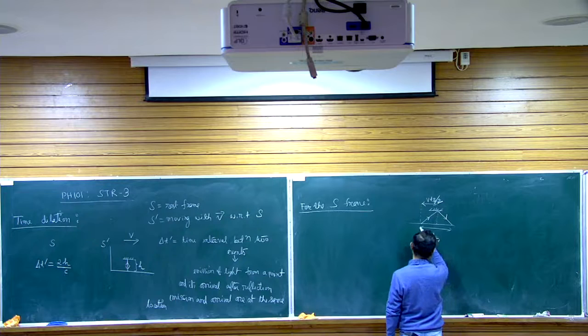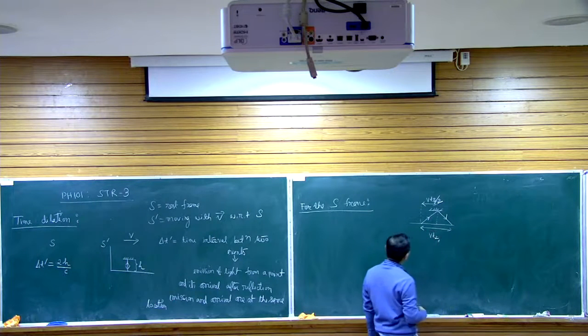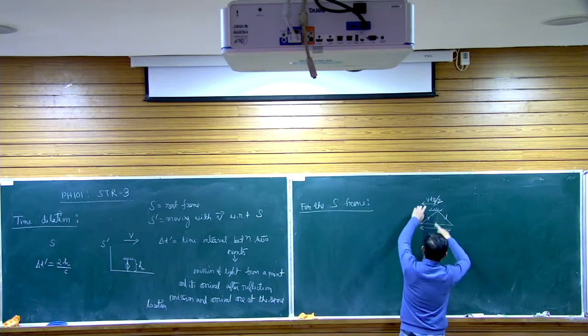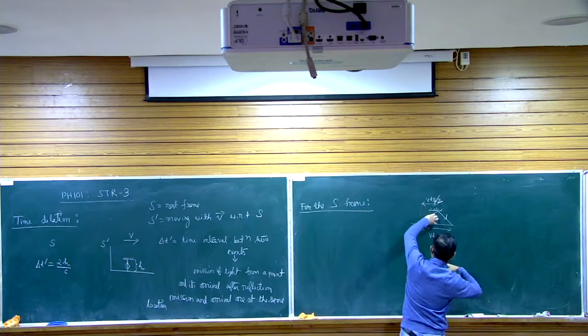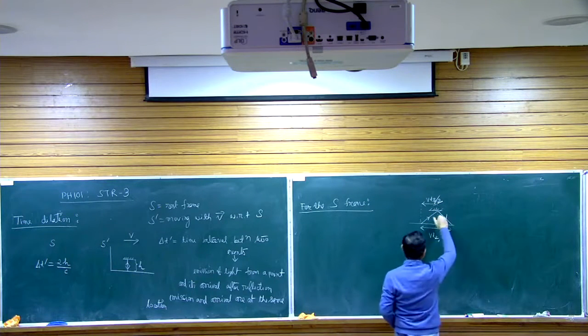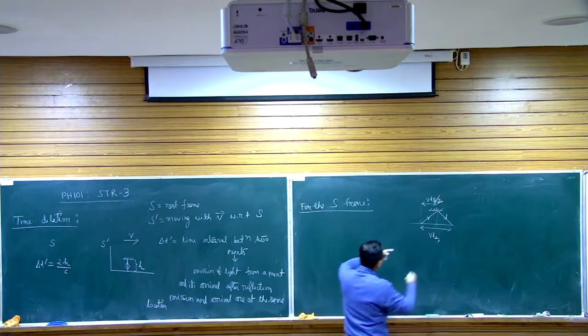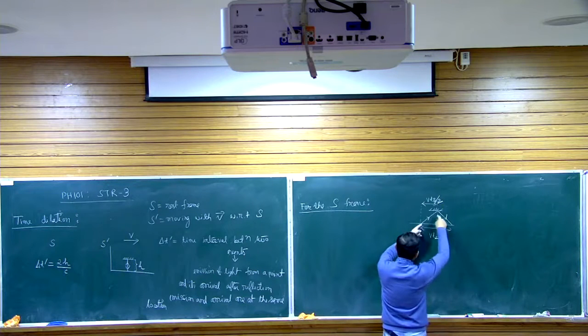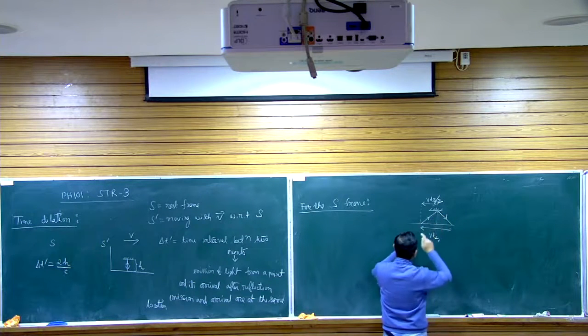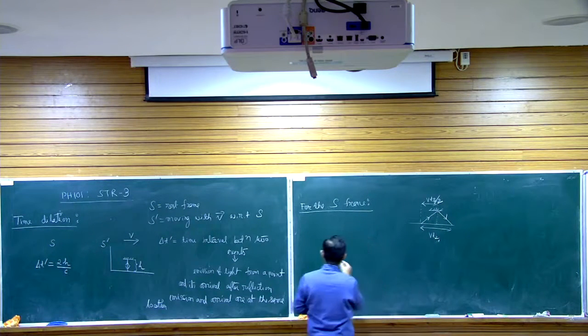So the total distance is vT2. So half of this is vT2 by 2. Remember, this distance is h. So now from the frame S, this distance will be c into T2 by 2.